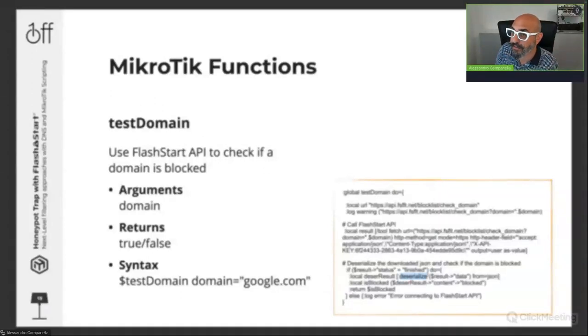This is a new command in the last version 7 versions, we have that this deserialize is done to parse information belonging to JSON file. So I want to deserialize the data coming from API and insert these content in this verification.